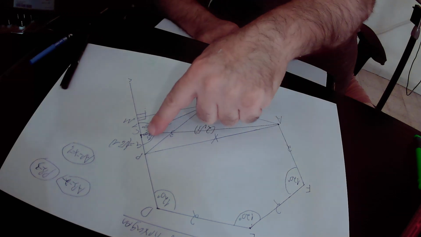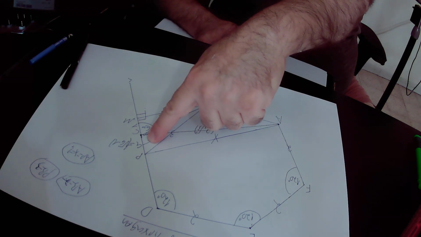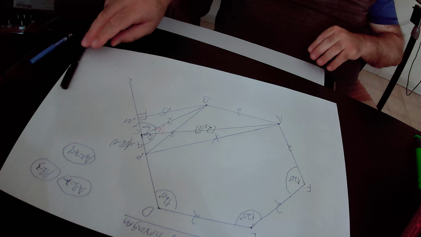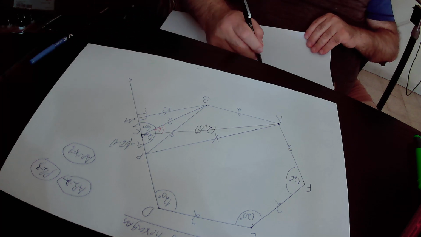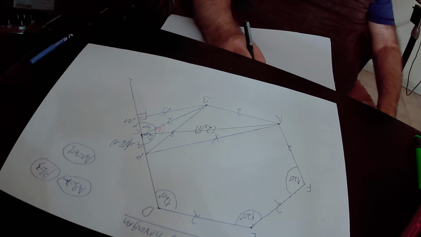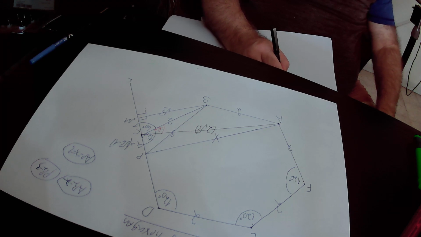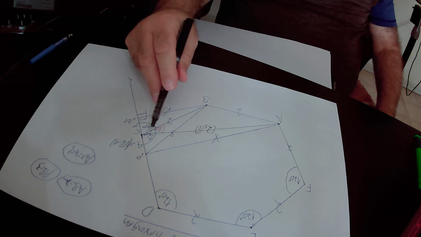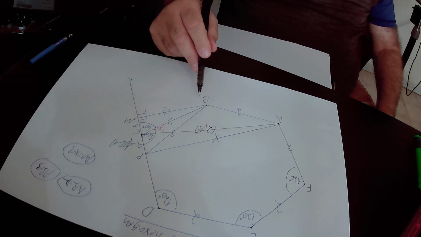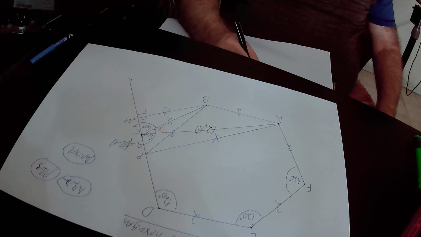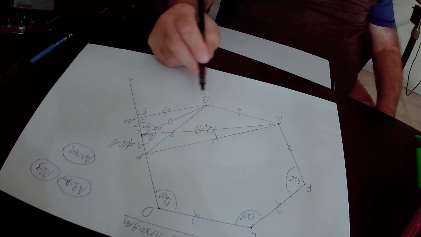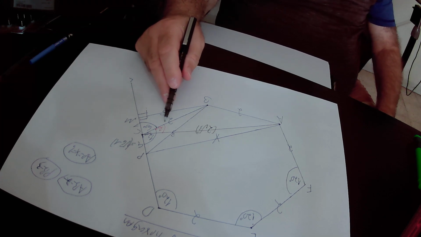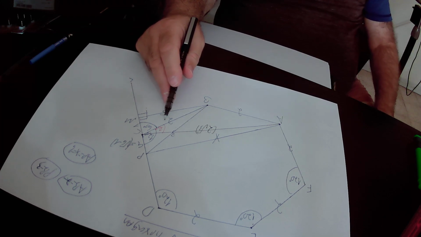The size of the missing angle PCA equals the size of the big angle PCB, that is equal to 120 degrees, minus the small angle ACB, this angle that is equal to 30 degrees.